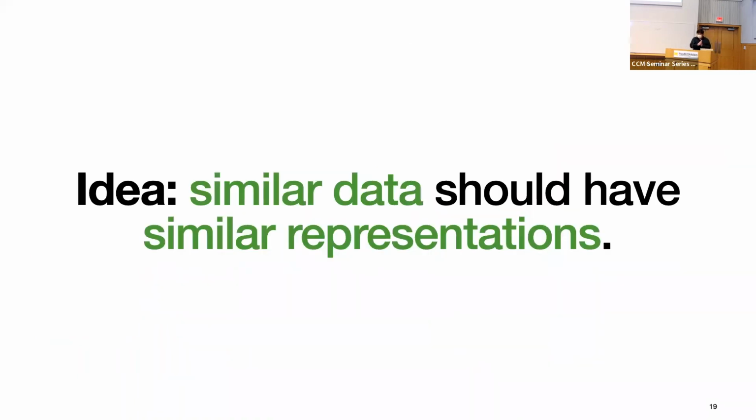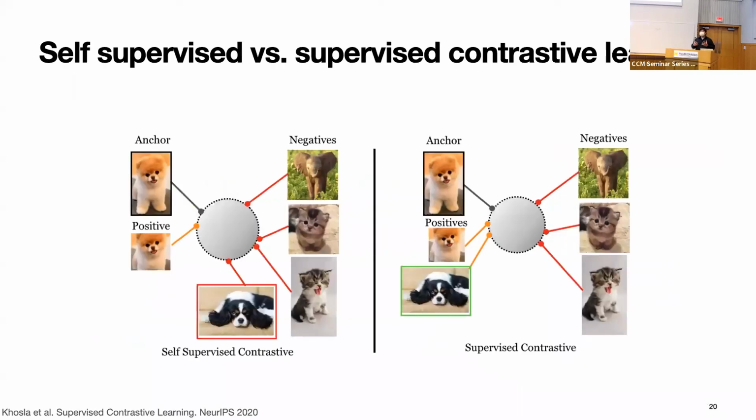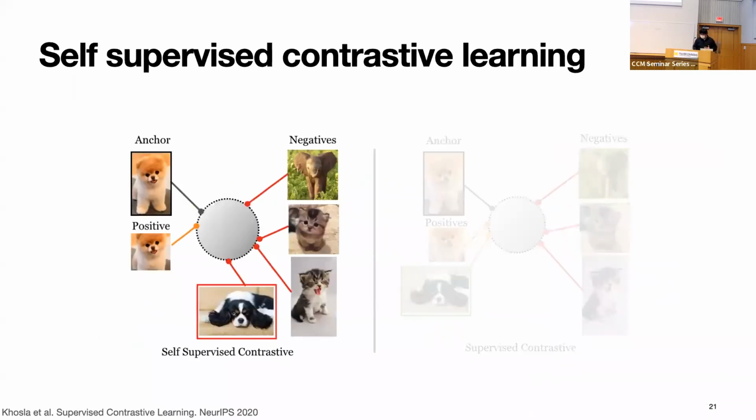There is a better way to learn these representations called contrastive learning. And it's based on a pretty simple idea, that similar data should really have similar representations, right? So let's take a look at what it means in the world of computer vision, right?